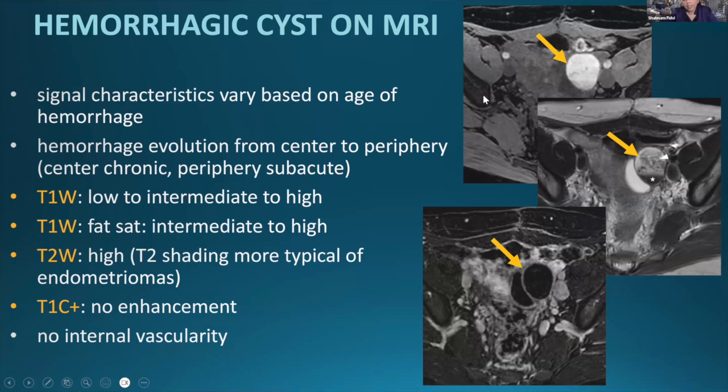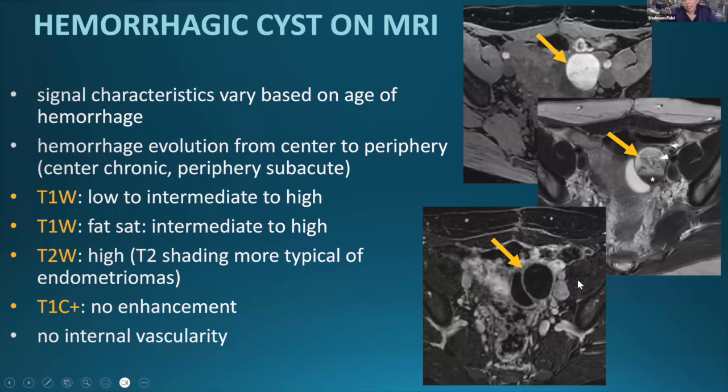On this axial fat-sat image, you can see that the lesion is T1 hyperintense, indicating blood. On this axial T2 weighted image, you'll see that the lesion actually has a fluid hematocrit level, with the star showing the hematocrit level. It also has some internal T2 hypointense squiggly material, which corresponds with the fibrin strands that I showed you earlier on ultrasound.